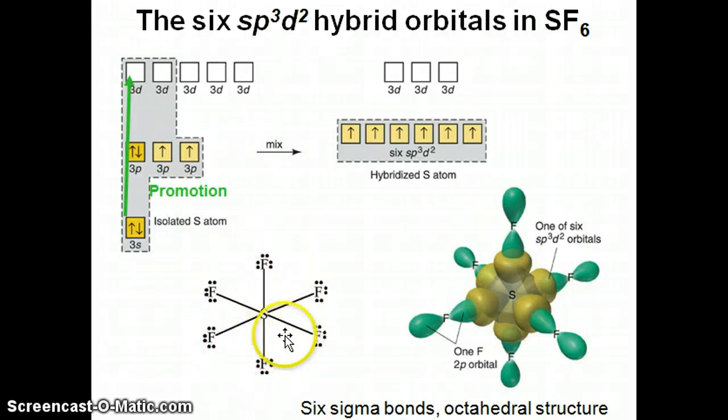And as it turns out, if you're actually making the calculation, it turns out that the lowest energy structure corresponds to the electron geometry that was listed in VSEPR. So in other words, if you know VSEPR, you can basically predict what hybrid orbital you're going to be using. So if you have an electron geometry that's octahedral, automatically that would imply that the hybrid orbital that's going to be used would be a d2sp3 hybrid orbital.